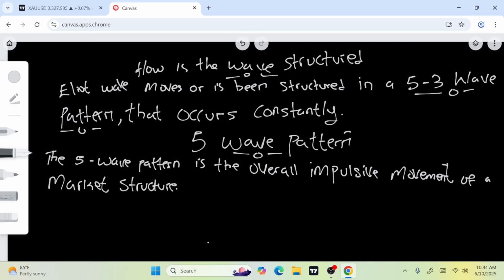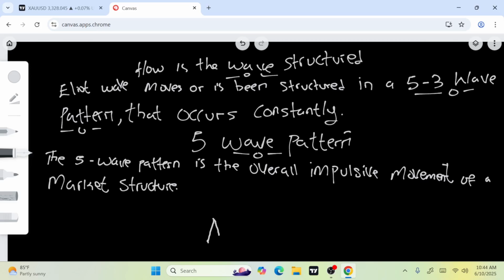Now, the market moves in waves, right? You call this your impulsive movement, wave 1. Now, for wave 2 to form, it has to be at the end of your wave 1, and it must come all the way down to retrace, not going beyond or below the beginning of your wave 1. That is how you can calculate your 5 waves.